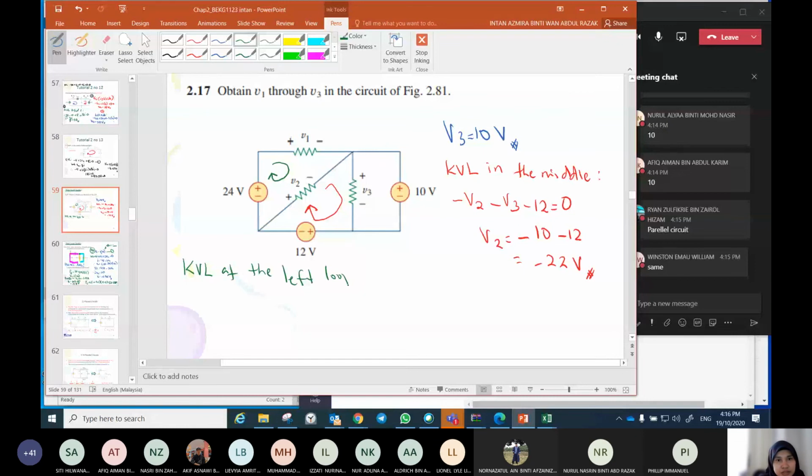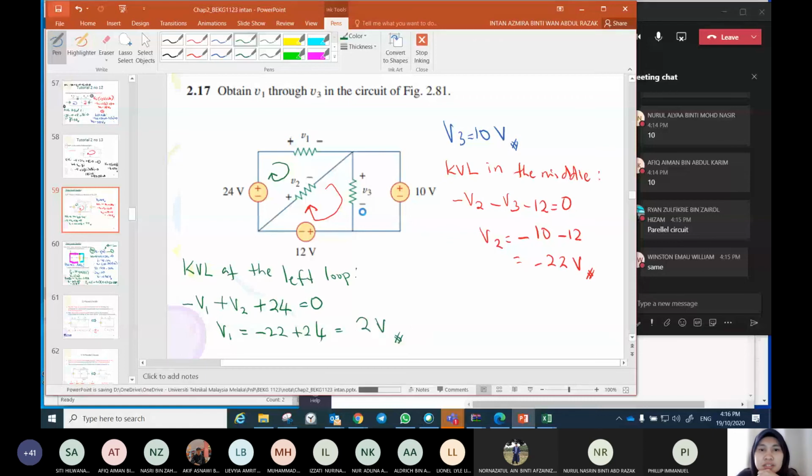I use the second sign: minus V1 plus V2 plus 24 equal to 0. V1 is equal to V2, which is minus 22, plus 24. We get 2 volts, right? Yes. Same answer as mine? Yeah, same.